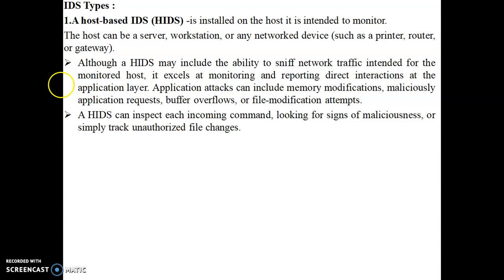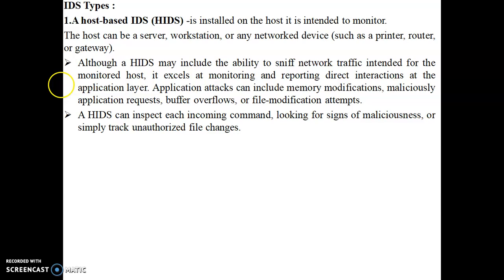This host based IDS monitors and reports direct interaction at the application layer. At the application layer, we have learned there are various types of application attacks. What are the different types of application attacks that happen there? They are buffer overflow, file modification, and all these types of attacks.